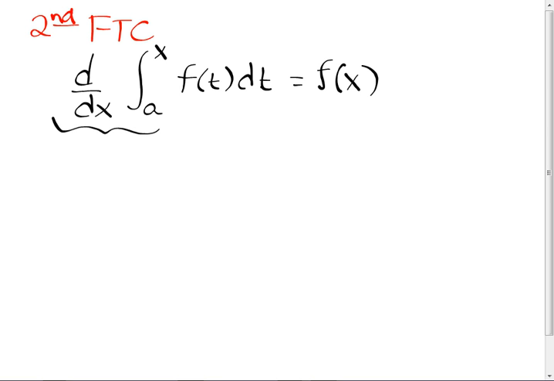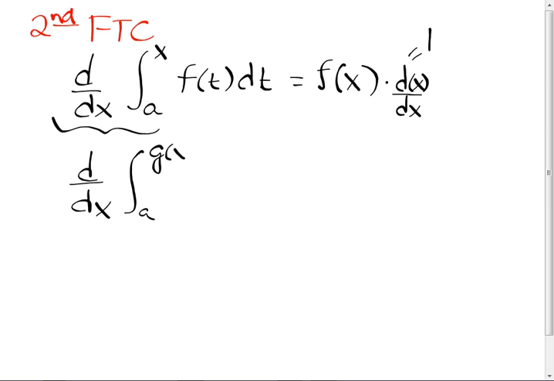Actually, it works out nice, but I'll do it the proper way. Times the derivative of x with respect to x, which is 1. So I don't have to write it, but I like to have it there, because what if you take the derivative of the integral from a to g of x of f of t dt?